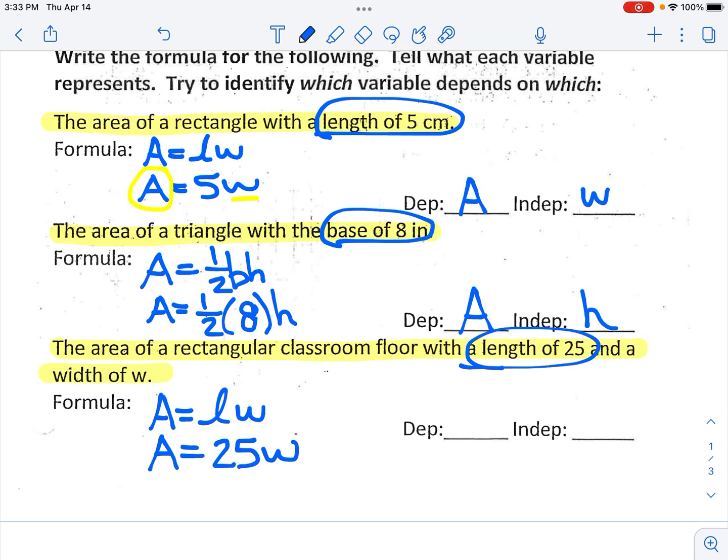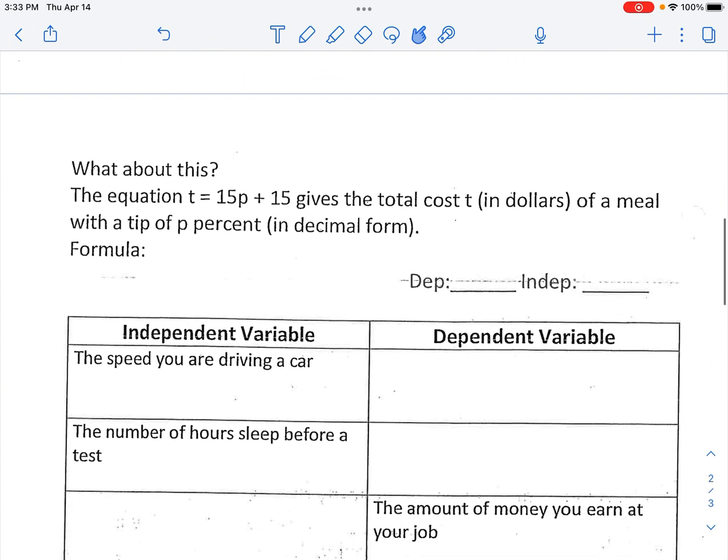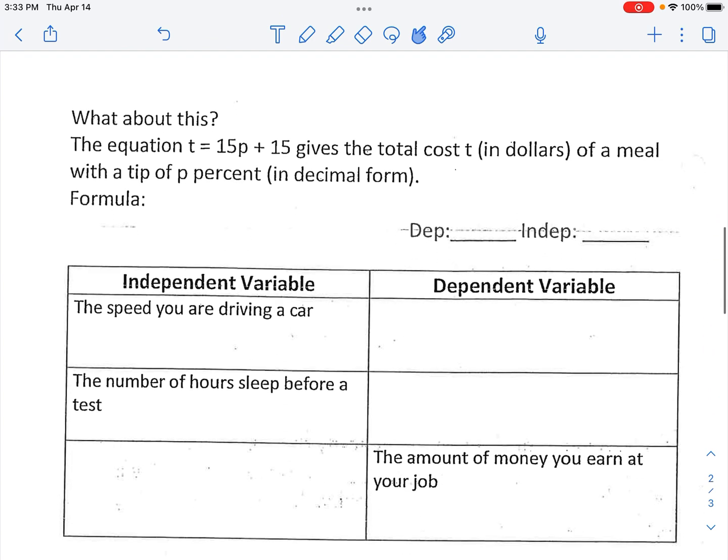However, in order to calculate for the area, we would have to know what the width is. So the width is something that can change, but the area is dependent upon what the width of that classroom is. Remember, you can always pause if I'm going too fast. You can rewind, etc. if you need to go back.